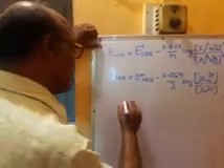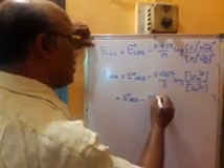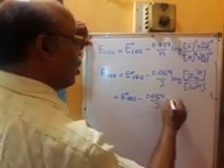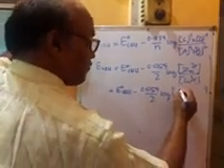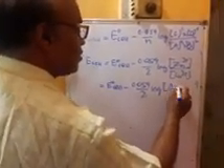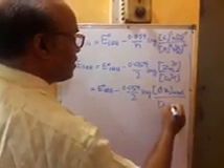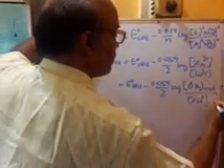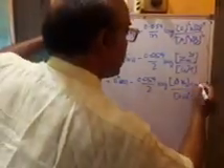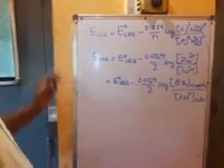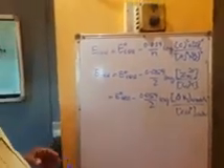So we can say E cell is equal to E naught cell minus 0.059 by 2 log oxidized form of anode by oxidized form of cathode. This is anode, this is cathode. So these are the other formulas to calculate the cell potential of a cell.